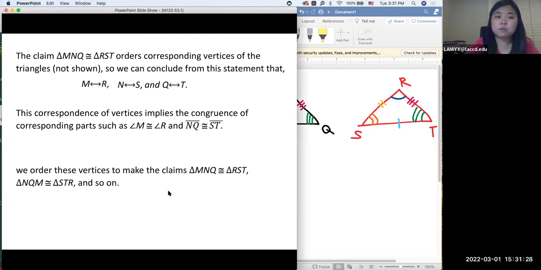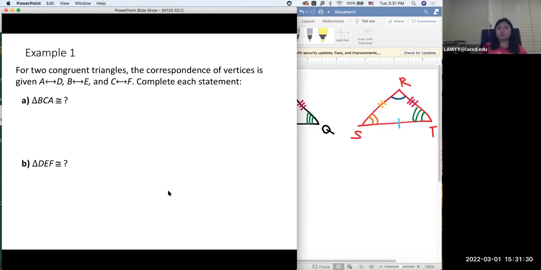Okay, example one, try. This time they give the correspondence of the vertex. And now I want you to write down the triangle BCA is congruent to what? EFD. Good. You could match in here, right?